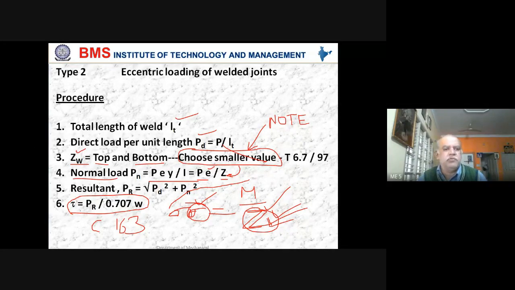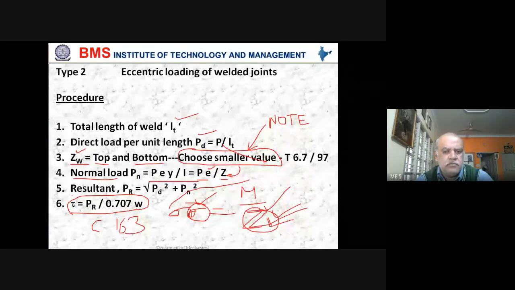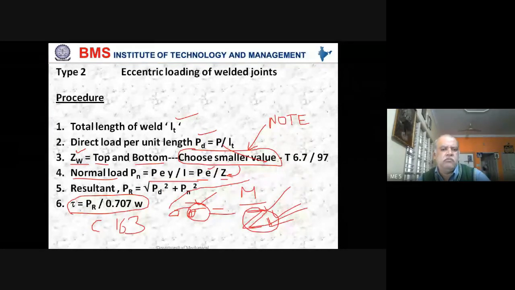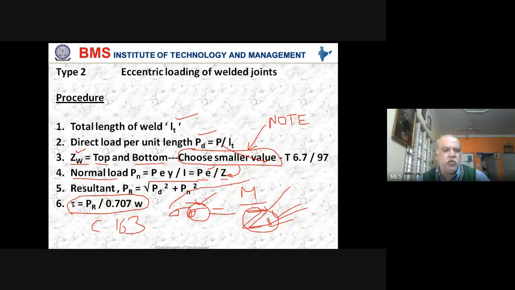Please note down the design procedure. As I said in the very beginning, no problem will be structured.